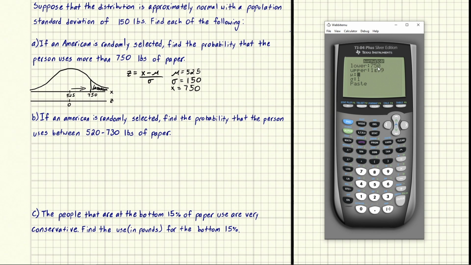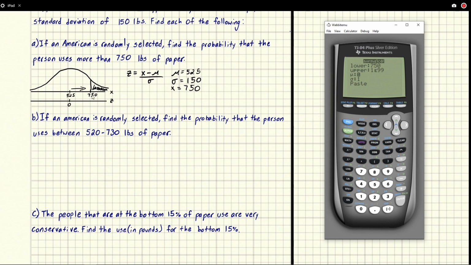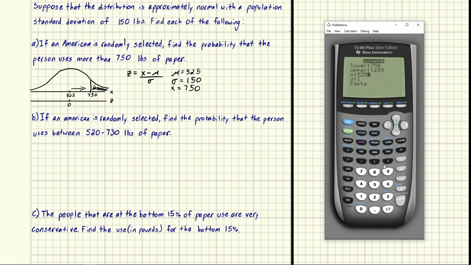Now our mean, since we're using x values, the actual values from the problem, will be 525. And our standard deviation will be the standard deviation we were given, so that's going to be 150. We can put this in, hit paste, and it'll tell us what it is.